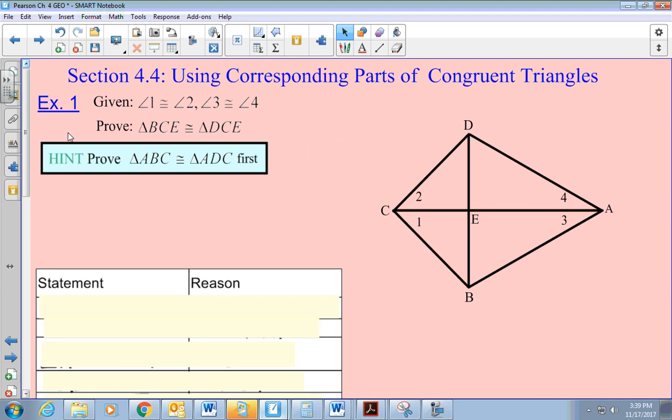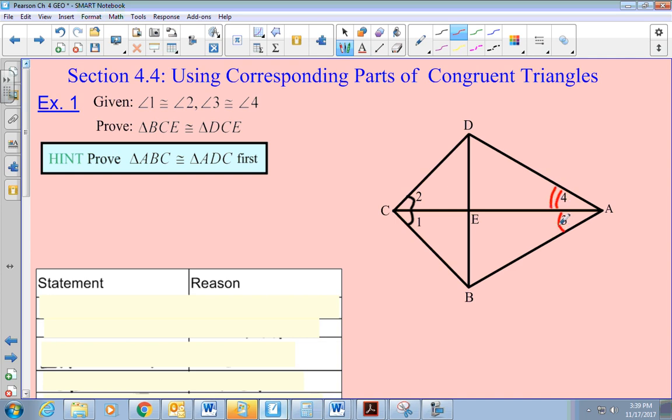So we're going to look at this little kite figure, and the first item that we're given is that angle 1 is congruent to angle 2. So let's go ahead and put those congruent marks on our triangles. And then angle 3 is congruent to angle 4.